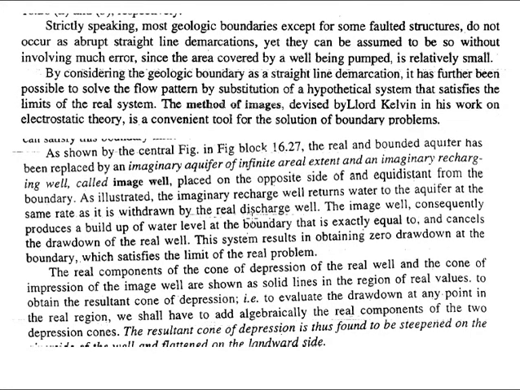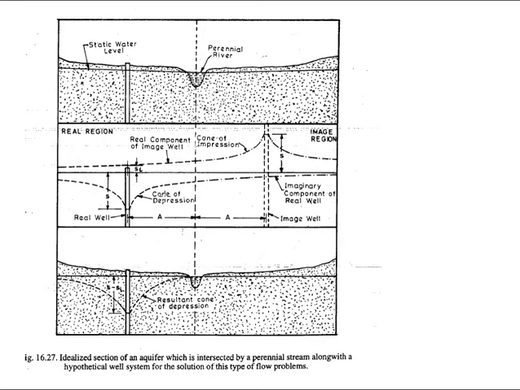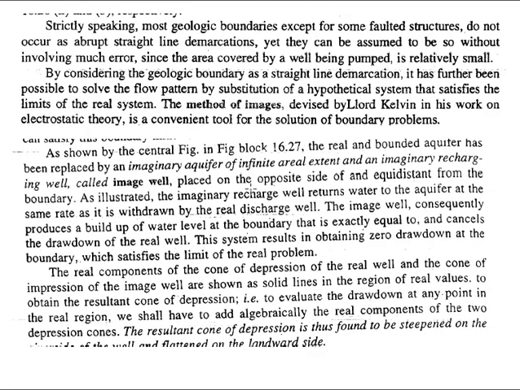That is purely a hypothetical concept, placed on the opposite side at an equal distance from the boundary. This is the real well, at distance a, and at the same distance the image well is placed, purely hypothetical and imaginary.